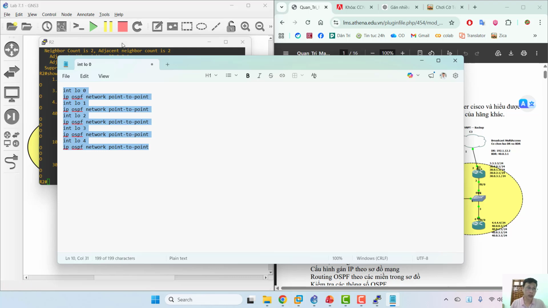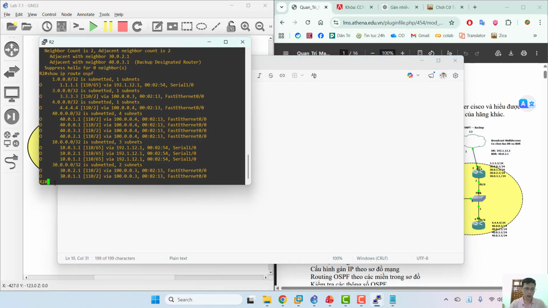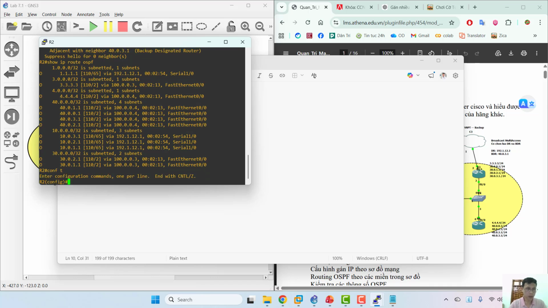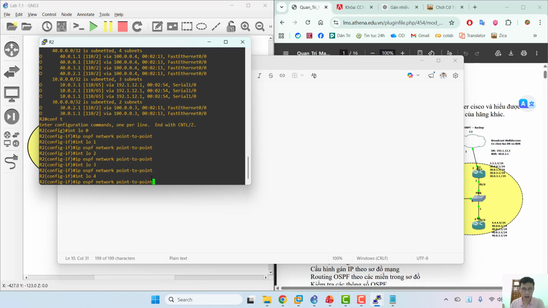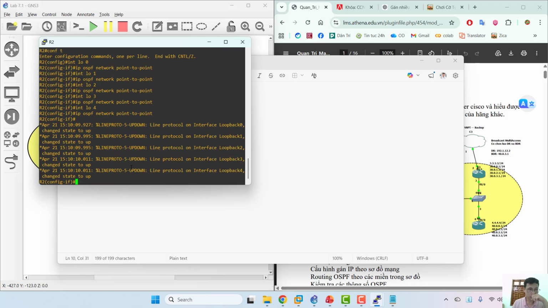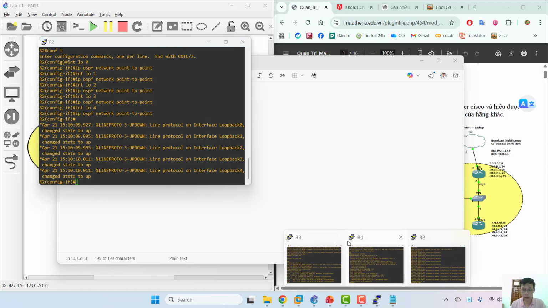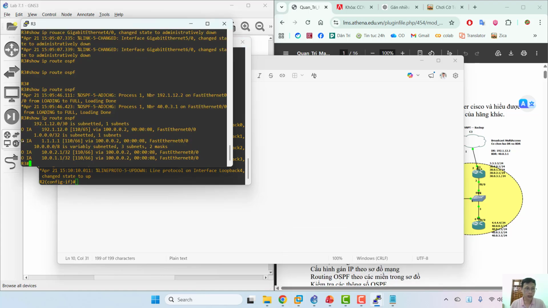Okay, so we enter router number one config mode. We paste here, enter. We go to router number three.